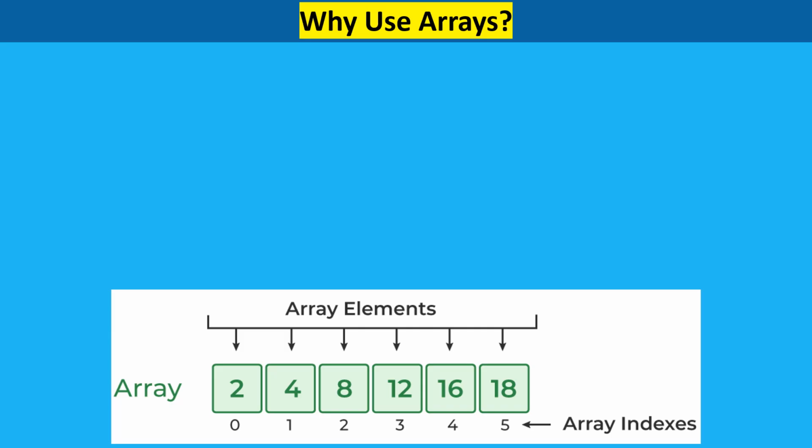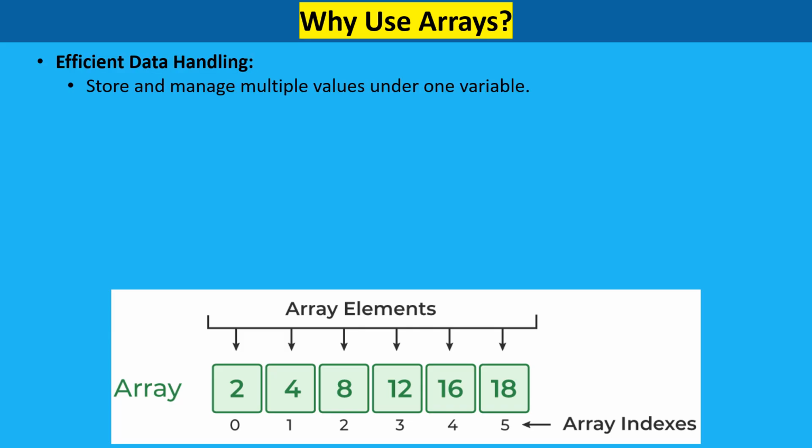Why use arrays? Arrays make it easier to manage data instead of declaring a separate variable for each value. You can group them together in an array. For example, instead of declaring multiple variables like int score1, score2, score3, you can declare int score[3] to handle the three values.